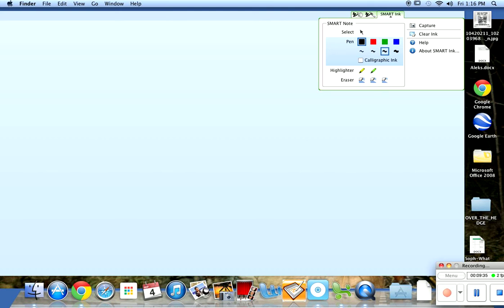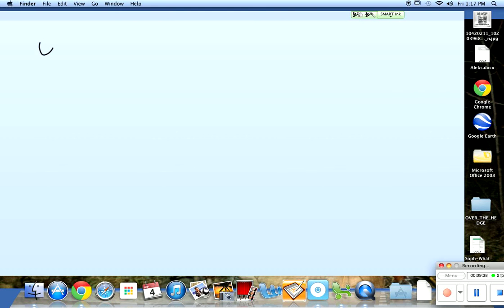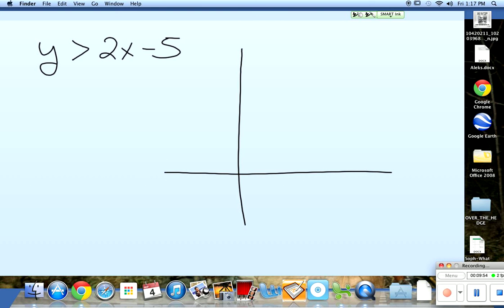Okay. What happens if I have this? Y is greater than 2x minus 5. I draw my coordinate. I do my t-chart. X, Y. 0, -5, 1, -3, 2, -1.